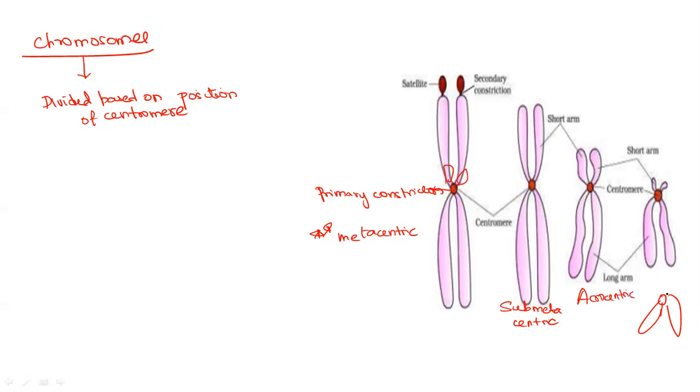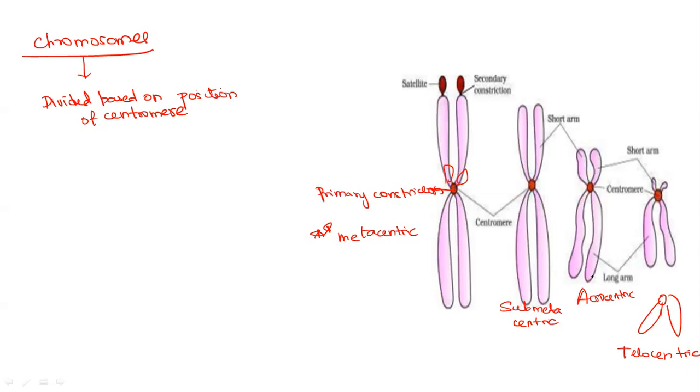And if you can't see one side end because the centromere is completely at the top, it is called a telocentric chromosome, which means it only has a terminal centromere. In the metacentric chromosome, it has a middle centromere, that's why the arms are of equal length.